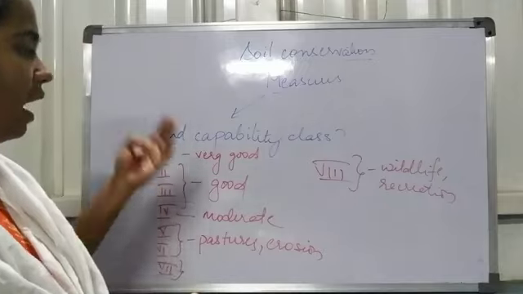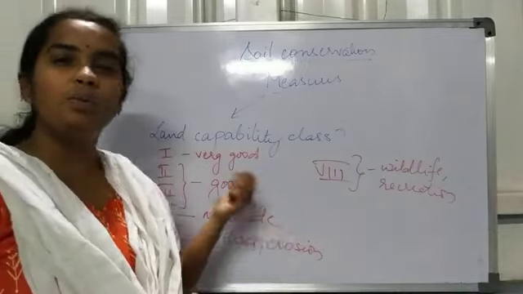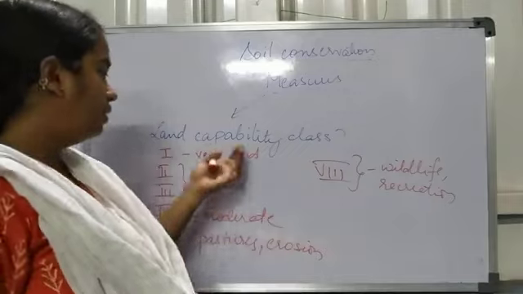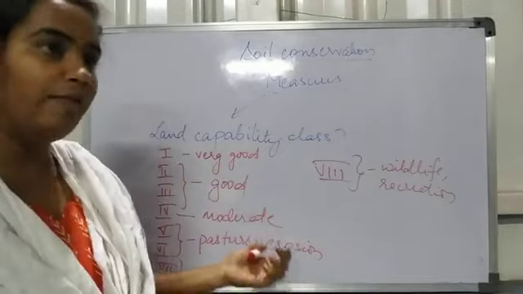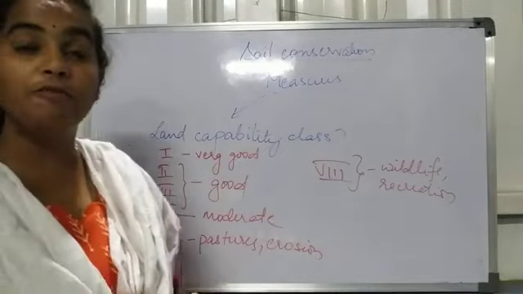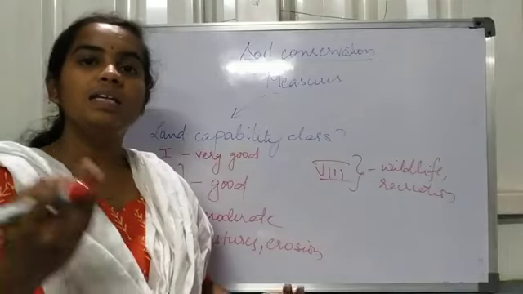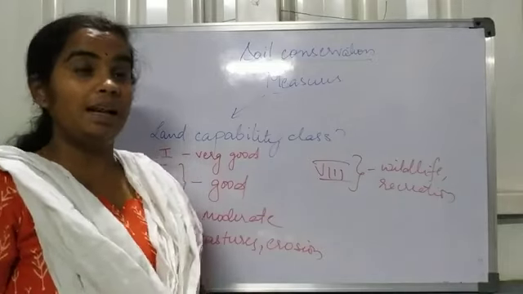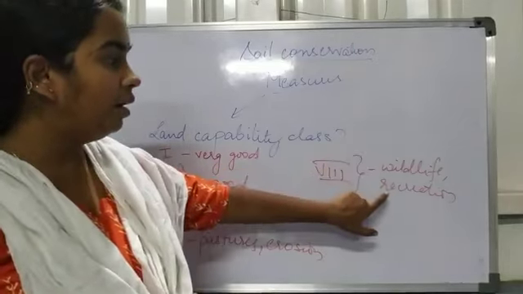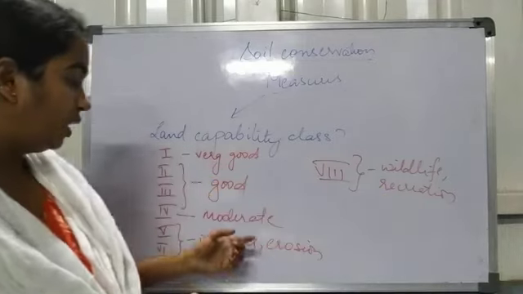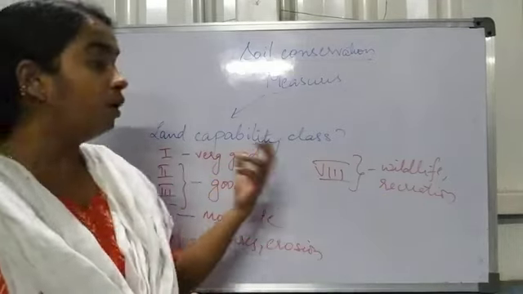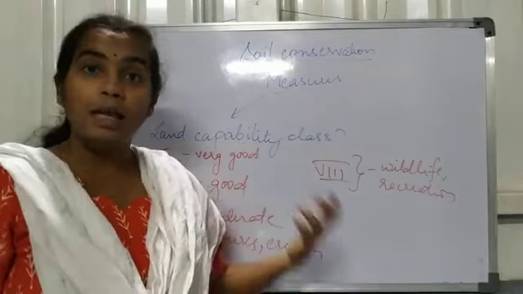I have told this very briefly, and you can go through it. But I think this is enough to know what the different classes are and what the range of the land is in each class.